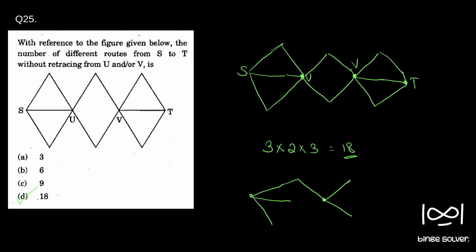Then again three possibilities. If we reach V, this is one case, so we'll get one.